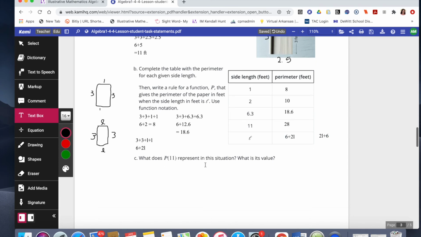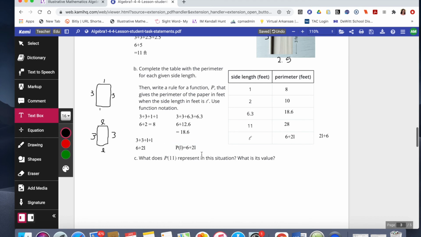All right, we have to write it in function notation. So our function they told us was P, so P of L equals, because our input is our side length, which is L. And then we use our rule to finish this out. So it'd be 6 plus 2L, or you could say 2L plus 6. That is our function notation.